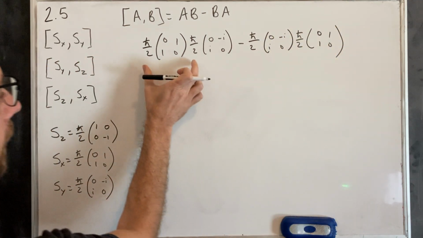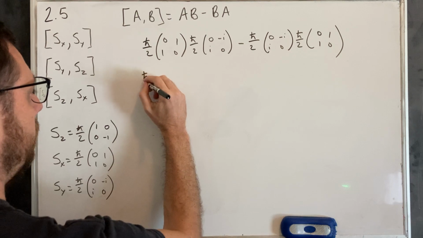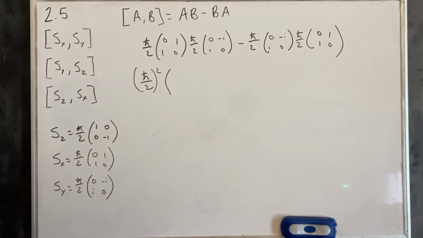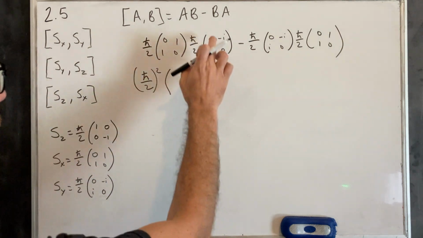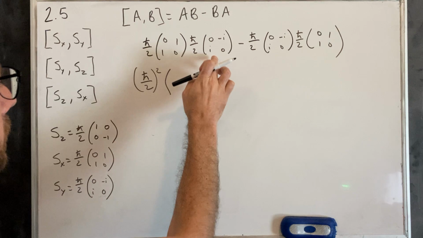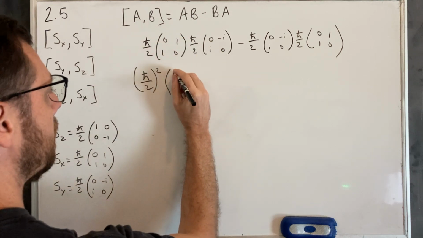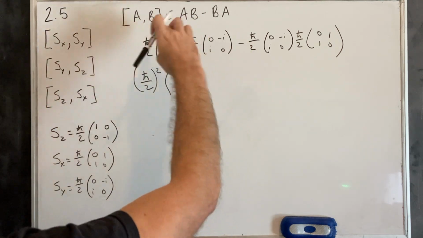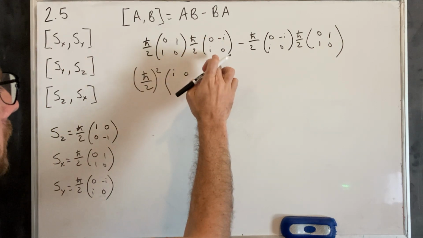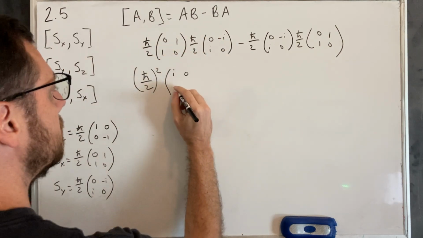All right, so let's combine these h bar over 2's. It's going to be squared. Okay, so then we have 0 times 0 is 0, plus i. And then we have 0 plus 0. We have 0 plus 0.